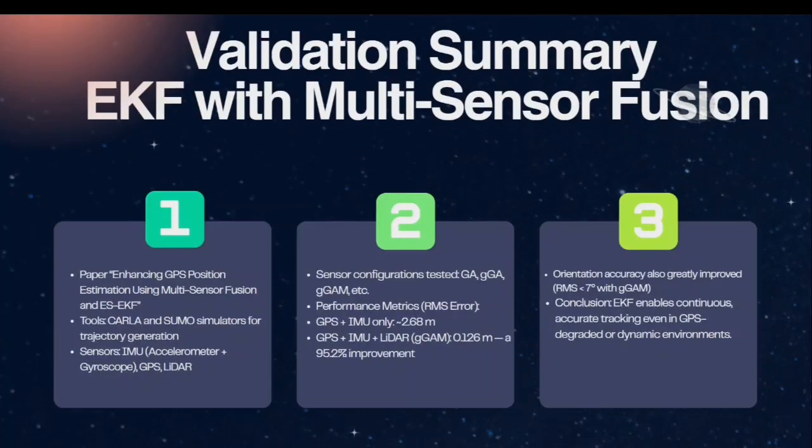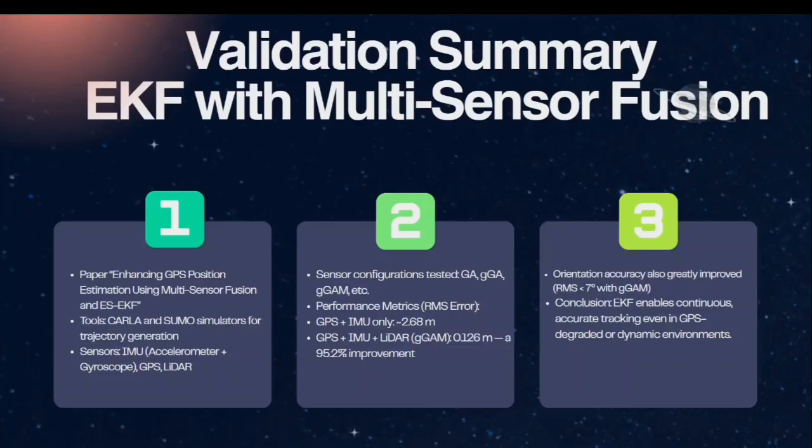Last but not least is the validation summary for EKF with multi-sensor fusion. This paper enhances GPS position estimation using multi-sensor fusion and EKF, with IMU, GPS and LiDAR sensors. As for performance, using GPS and IMU only, it shows around 2.68 meters RMS error.